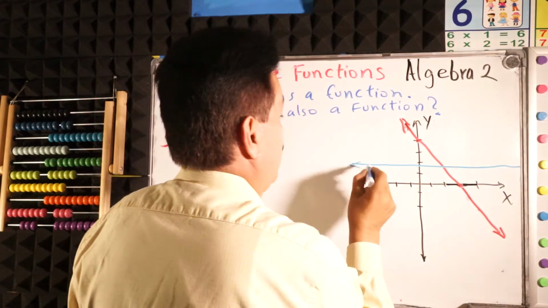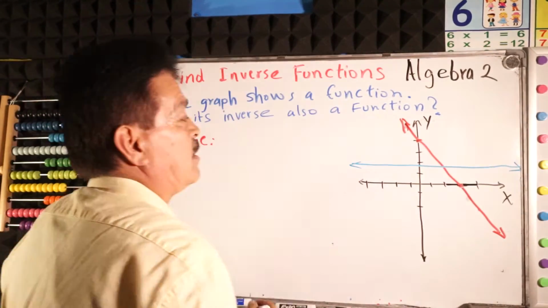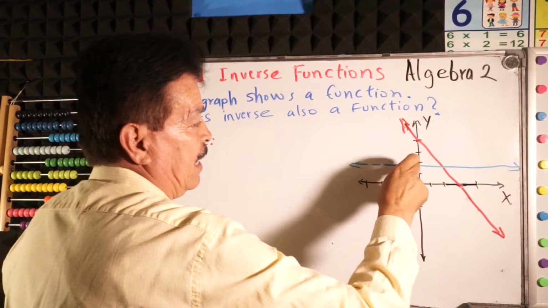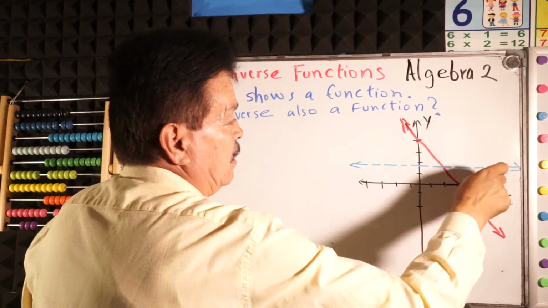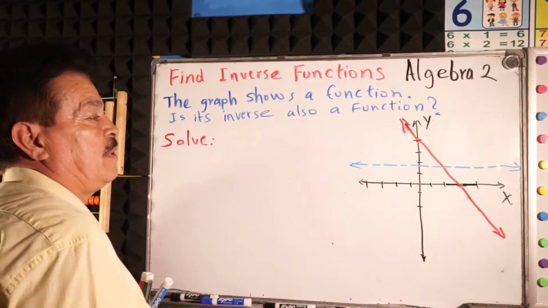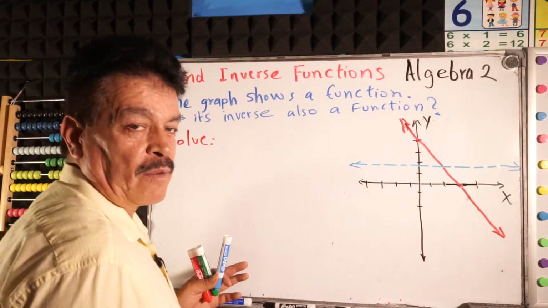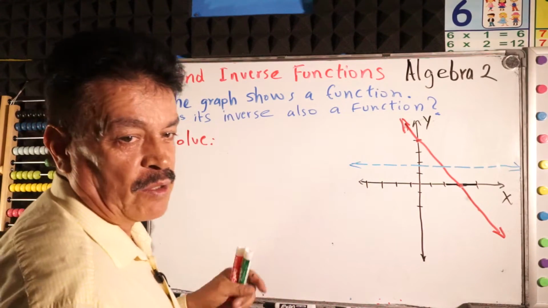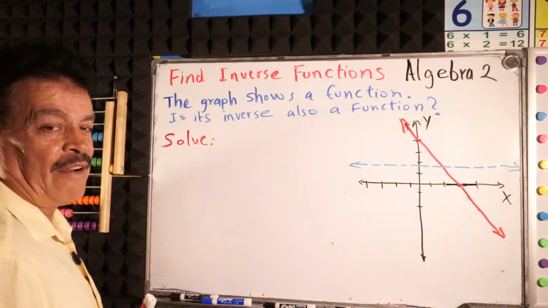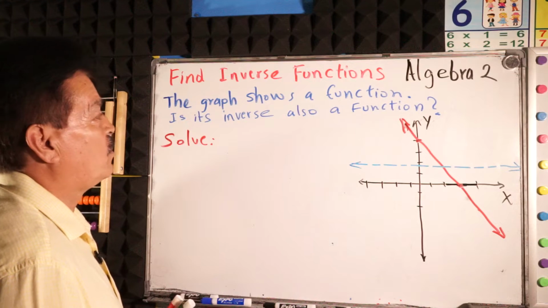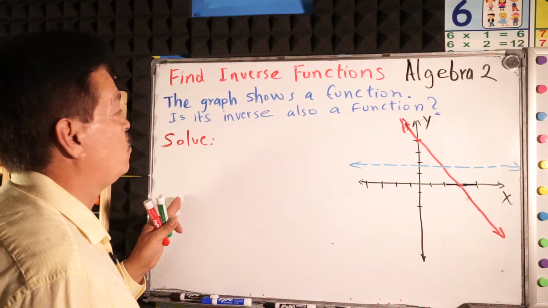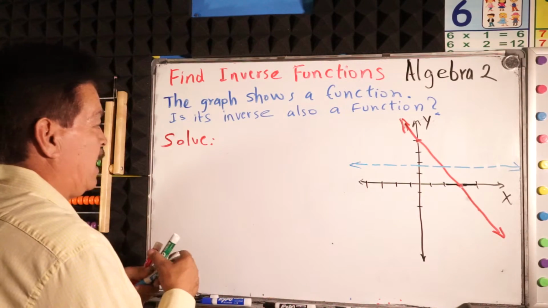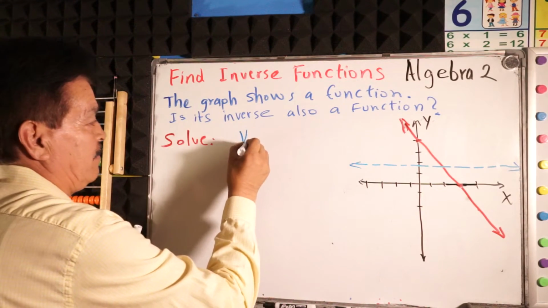We draw the horizontal line and it touches no more than 1 point. So the graph shows a function, and its inverse is also a function. The answer is yes.